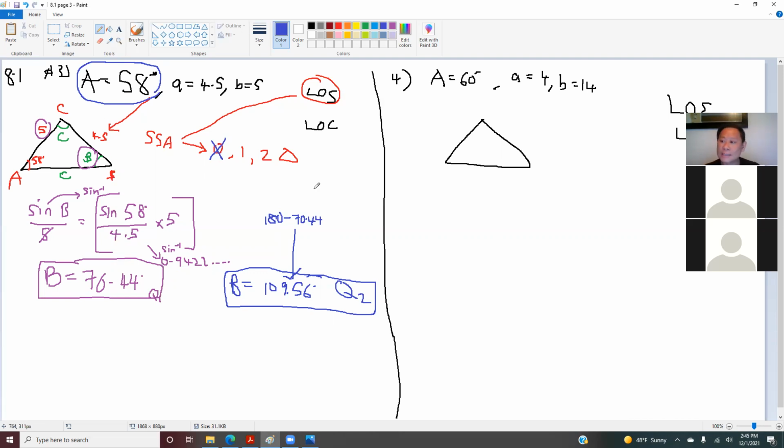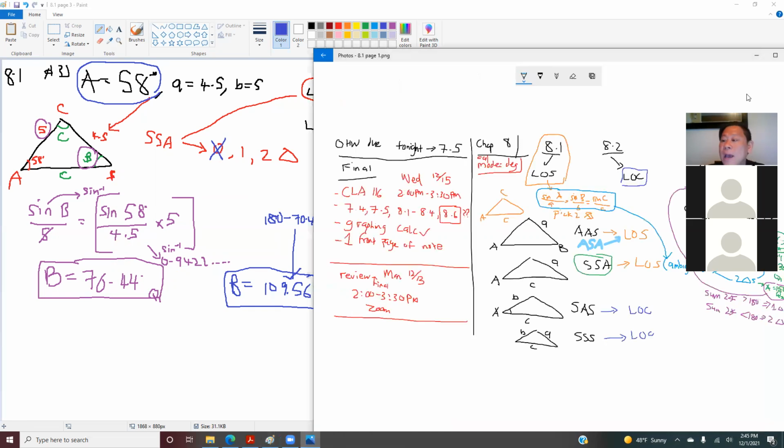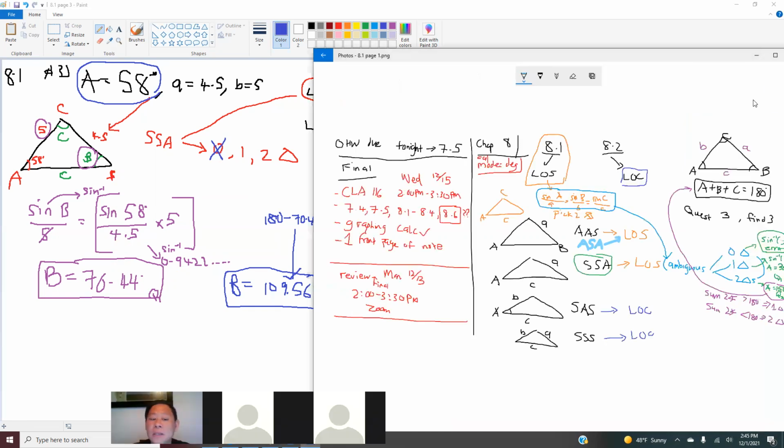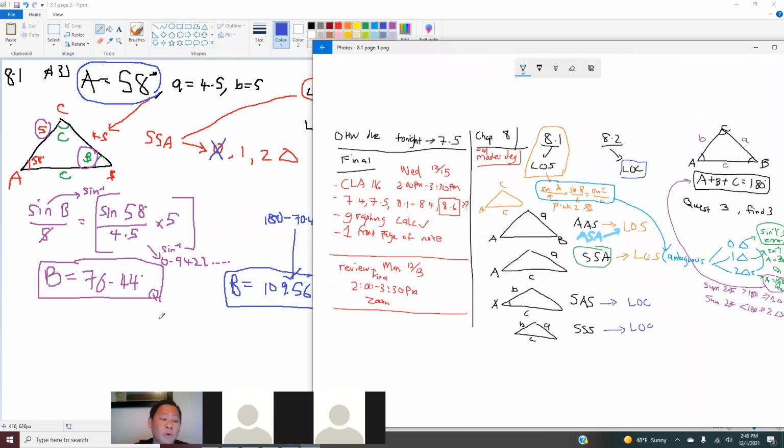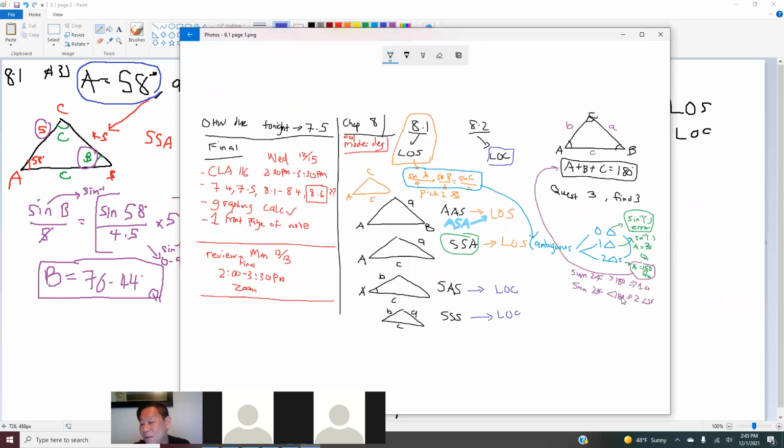And we know that the sum has to be 180. The rule says that if you sum these two angles and the sum is more than 180 degrees, you only get one triangle, meaning you don't have the quadrant 2 triangle. So you only have this one. If your sum is less than 180 degrees, then you will have two triangles.